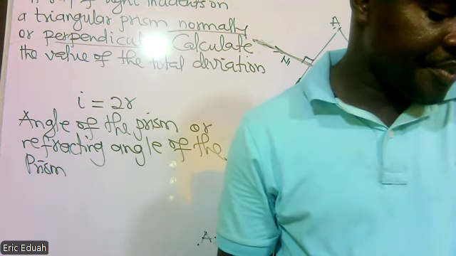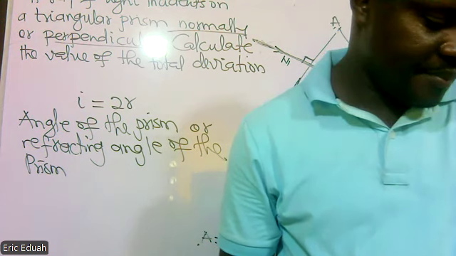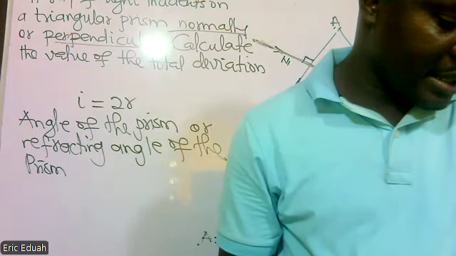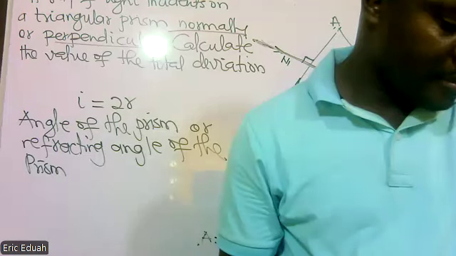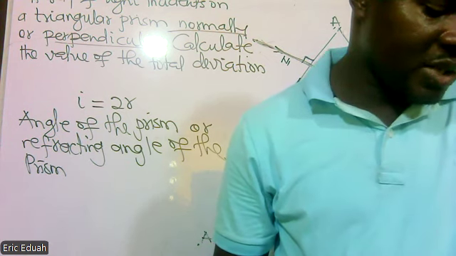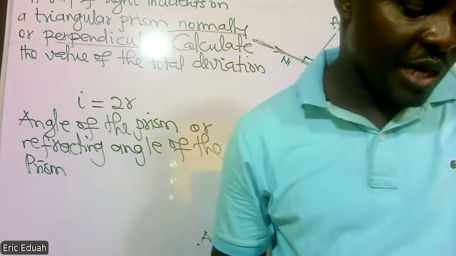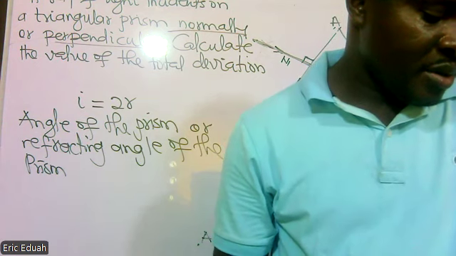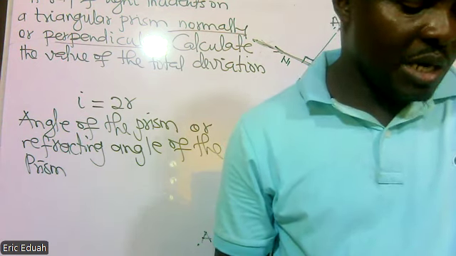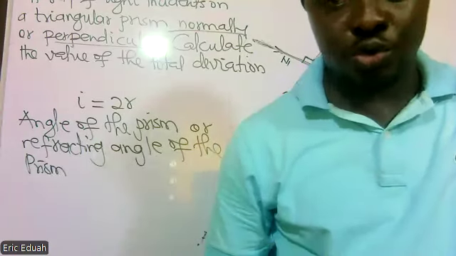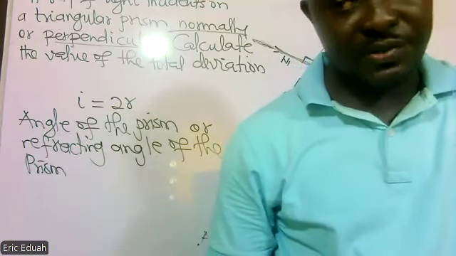A ray of light undergoes deviation of 30 degrees when incident on an equilateral triangular prism of refractive index root 2. So it has the same refractive index as the first one.